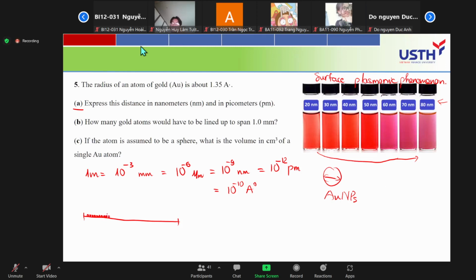So it's very simple for you to calculate how many gold atoms will stay there, right? And for the last question, we relate to the calculation of the volume of a sphere. The volume of a sphere will be calculated by the expression of, anyone remember and tell me?